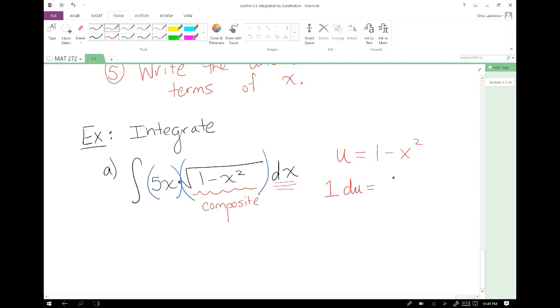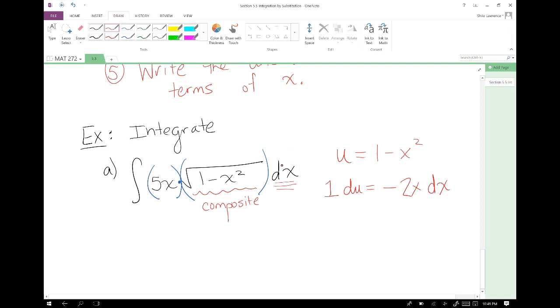On the right-hand side, the derivative of 1 is 0, and then I've got minus the derivative of x squared, which is 2x. And that's what I get when I consider x to be the variable on the right-hand side, so I say dx. And we're looking for a replacement for dx.